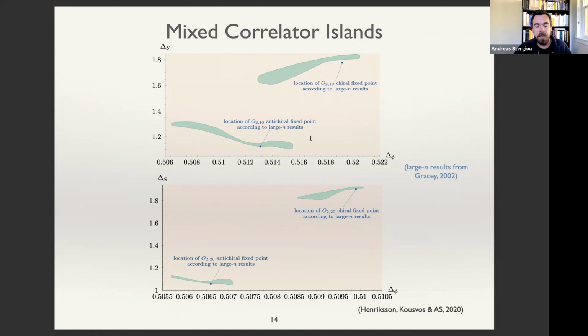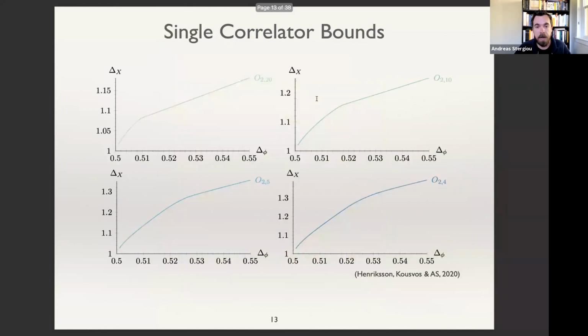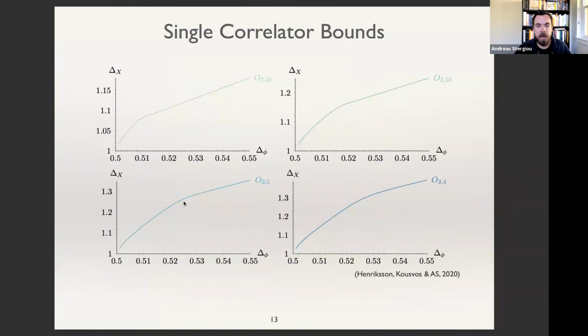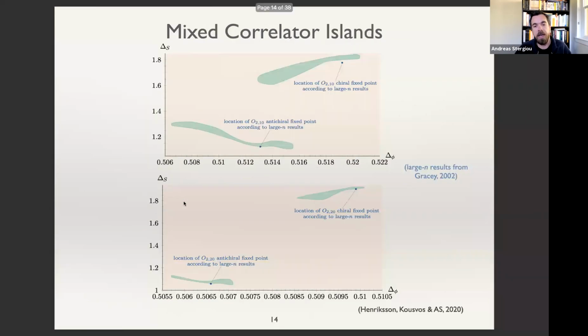Regarding assumptions we made for these islands, in case people are wondering, there were minimal assumptions, but there was an important assumption that we were saturating these bounds I showed you earlier. We were assuming that the dimension of this X operator, for example, was on the bound. And we were making an assumption that there was a conserved current, and then there was a small gap above that conserved current.